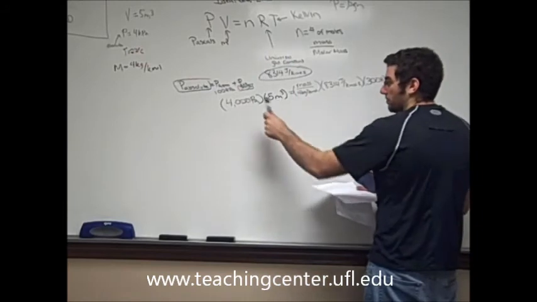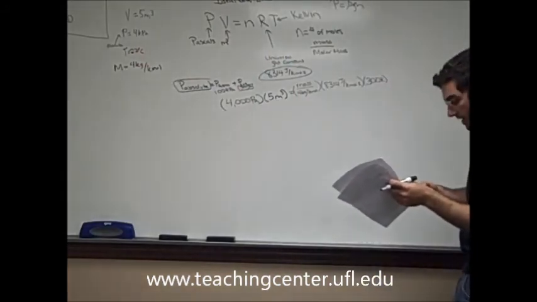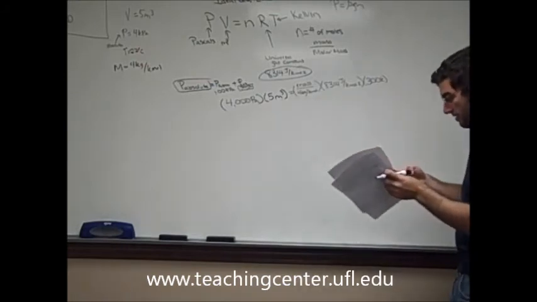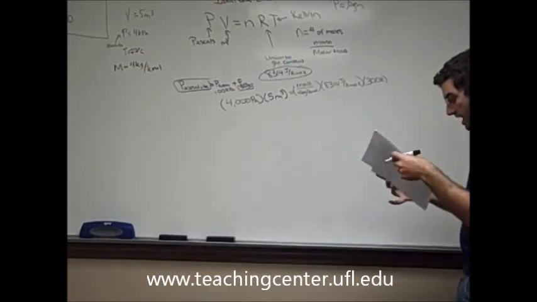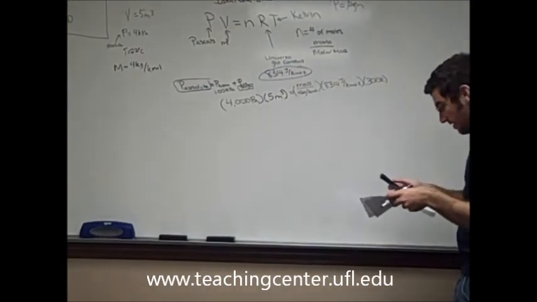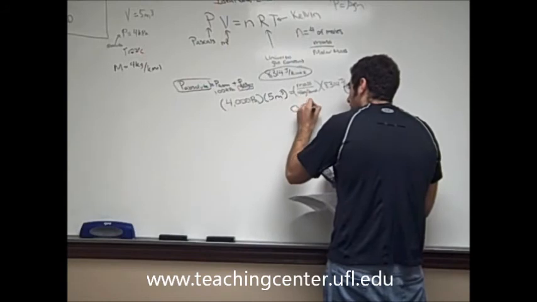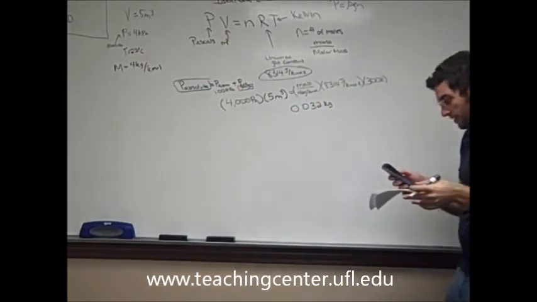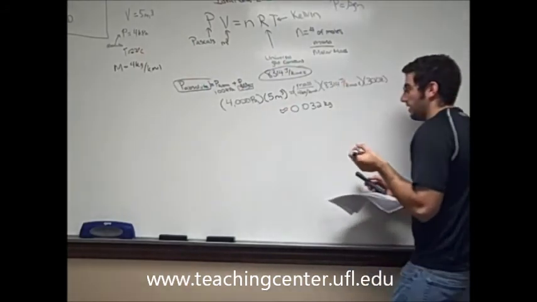So we can go ahead and multiply 4,000 times 5 times the 4 kilograms divided by 8,314 and divide that again by 300, and we get 0.032 kilograms, roughly. There might be different sig figs on your calculator.